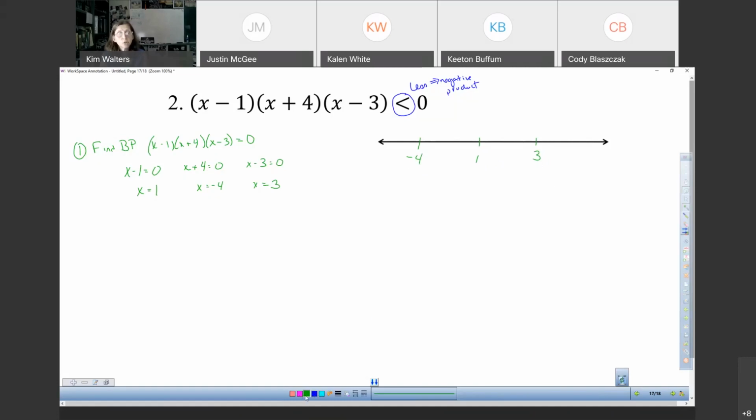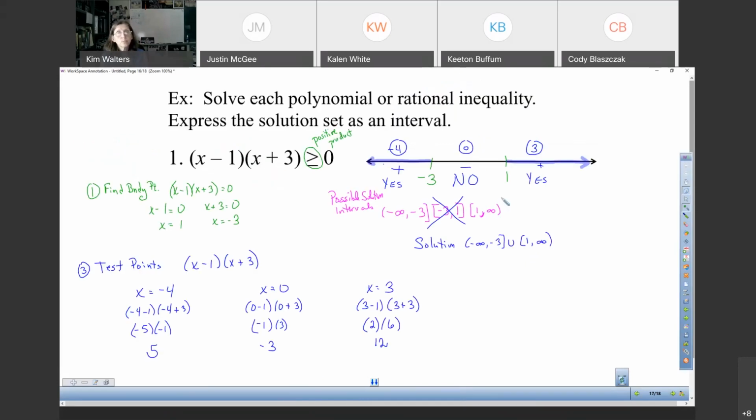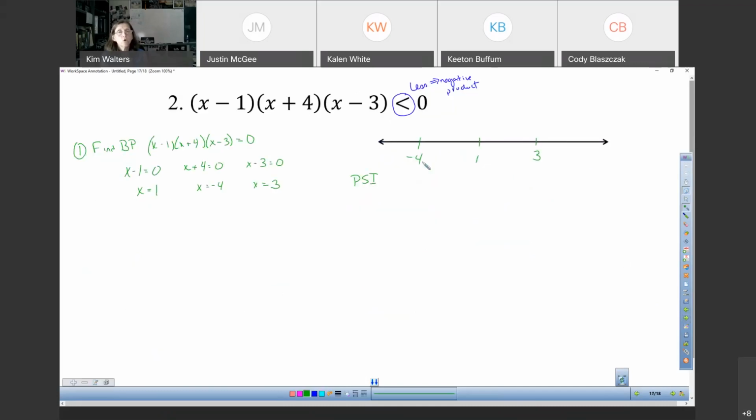My possible solution intervals. On the last problem, 2 numbers, 3 possible solutions, okay? 3 numbers, 4 possible solutions.